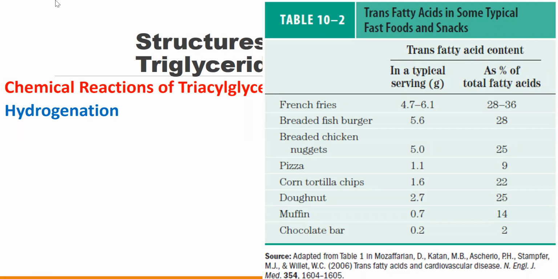But there are some that have a trans fatty acid content. So for example, you have your French fries, with total fatty acids about 28 to 36%, so greater than 20, bread, fish, burger, chicken, pizza, chips, donut, muffin. You can actually see there's a lot of fatty acids involved.